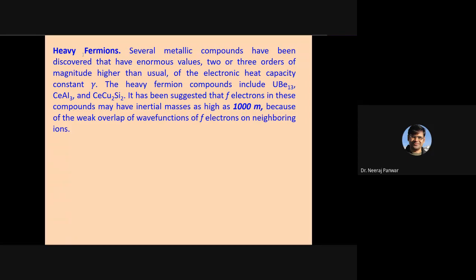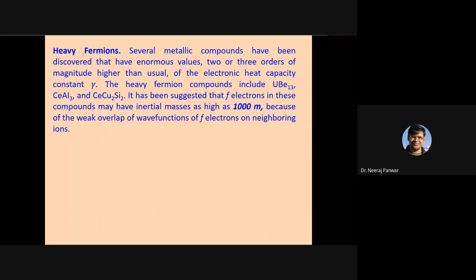The heavy fermion compounds include uranium beryllium 13, UBe13, CeAl3, and CeCu2Si2. It has been suggested that f electrons in these compounds, f electrons means they will have either the 4f orbital or the 5f orbital.